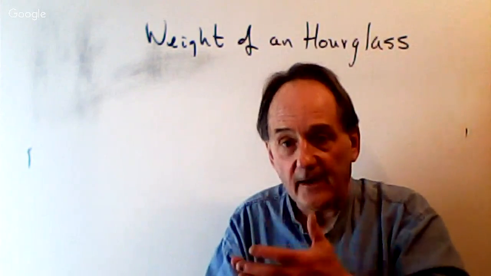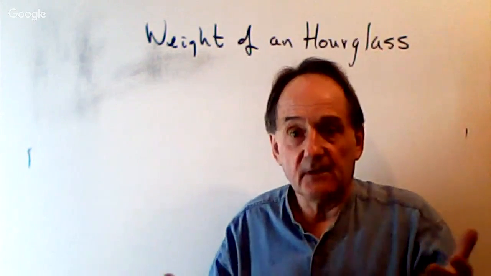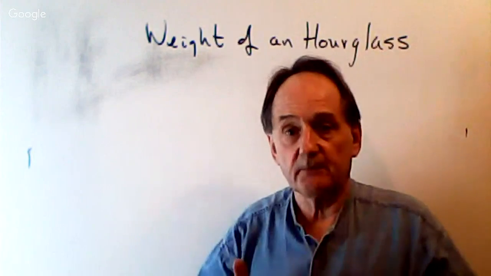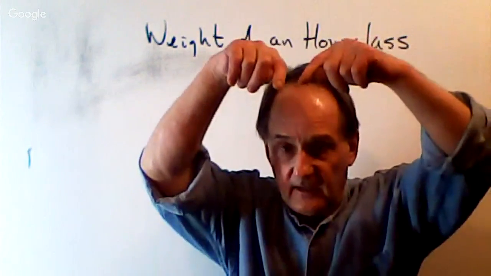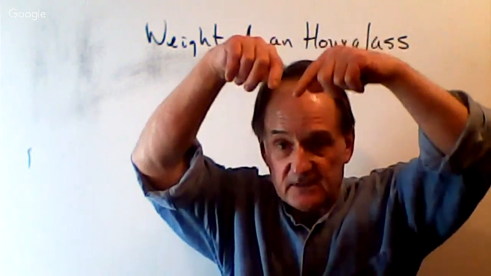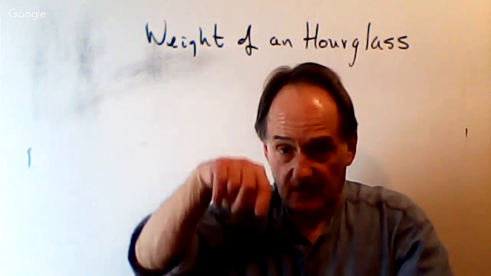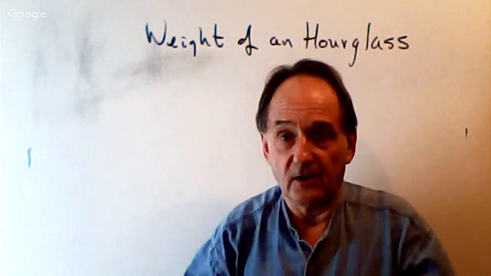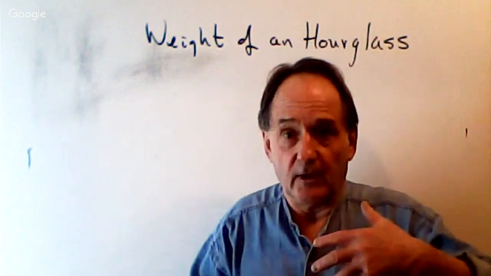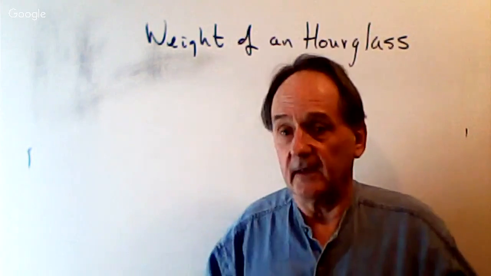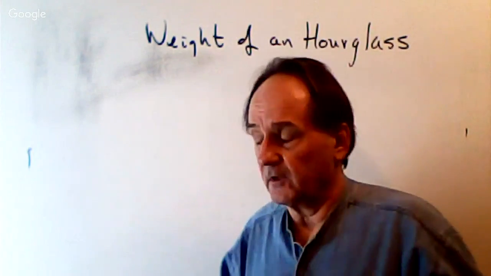Does the weight remain the same as when it was before you tipped it? Is the weight greater because of the sand pouring and the kinetic energy of the sand hitting the bottom and with the momentum imparting a force? Does that increase the weight? Or is the weight less than the static weight of the hourglass before you flipped it over?